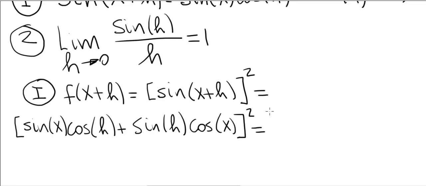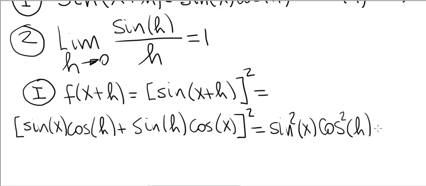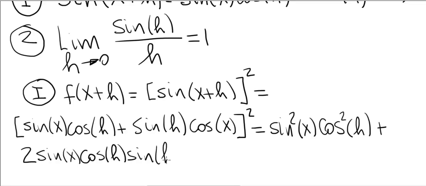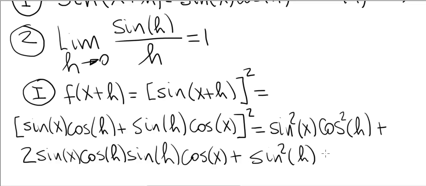So this will equal sine squared of x times cosine squared of h, plus twice the product of the two things that we're adding, so twice sine x cosine h times sine h cosine x, and then plus sine squared of h times cosine squared of x. And that's the end of step 1. There's nothing more that we can do as far as simplifying this.